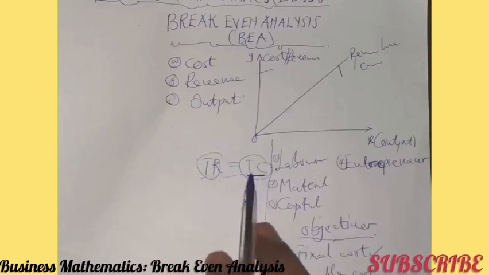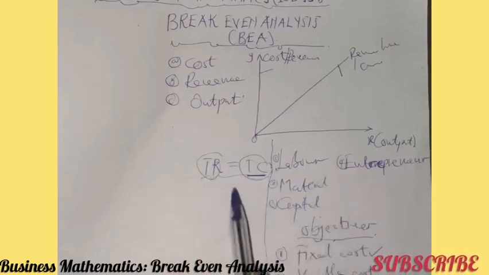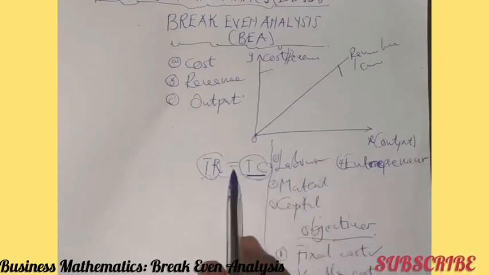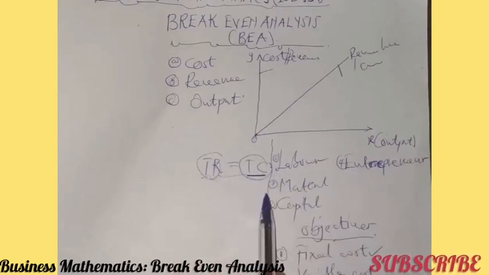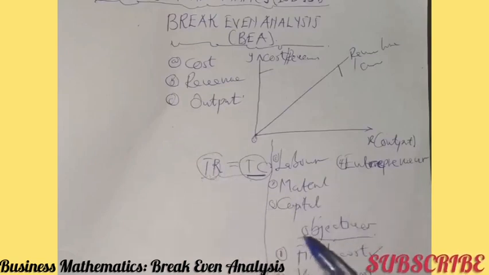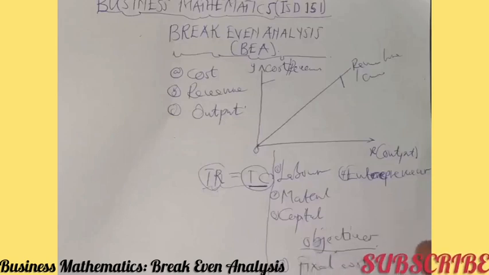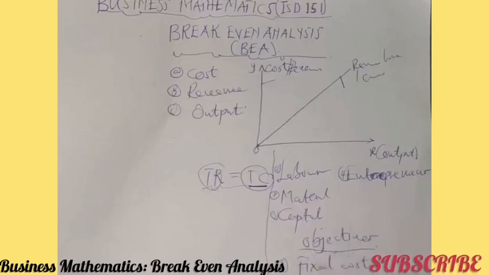Where you're able to calculate the total cost accurately, then your total cost for the production of such unit will be equivalent to your total revenue. That is the amount of money that you obtain from the selling of such goods to your customers.